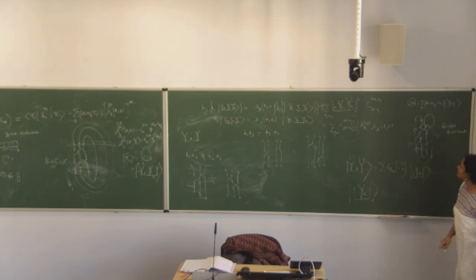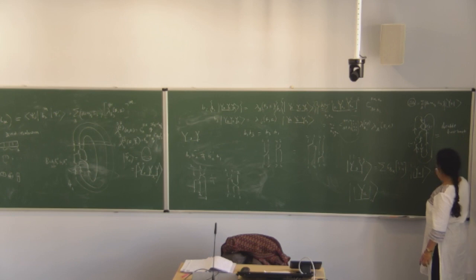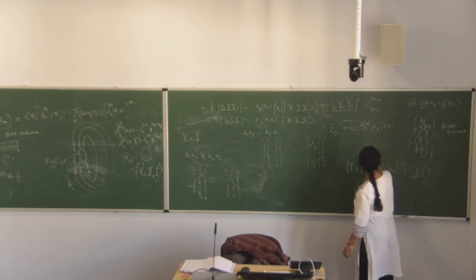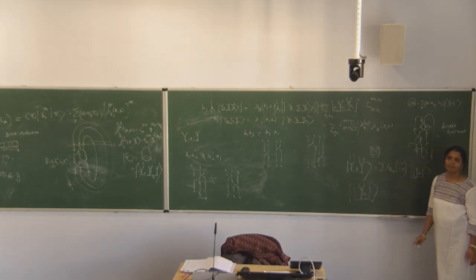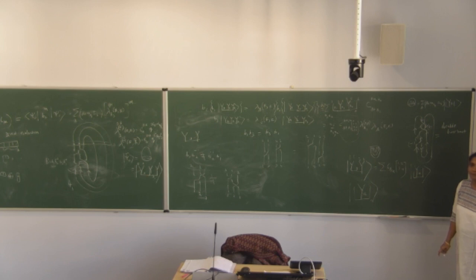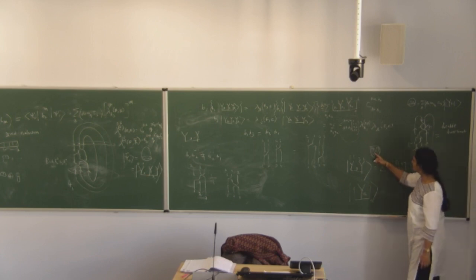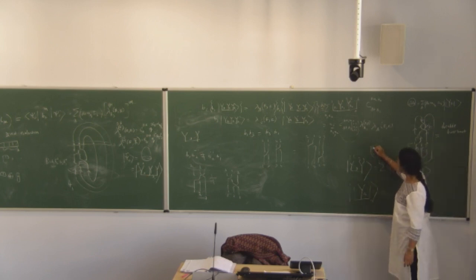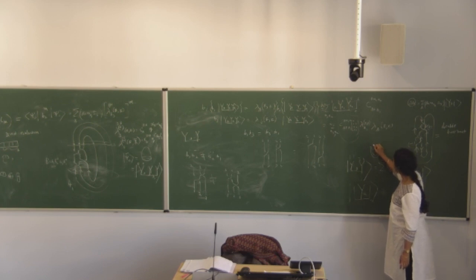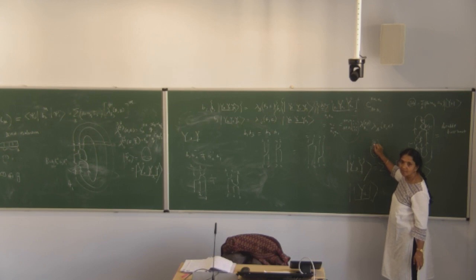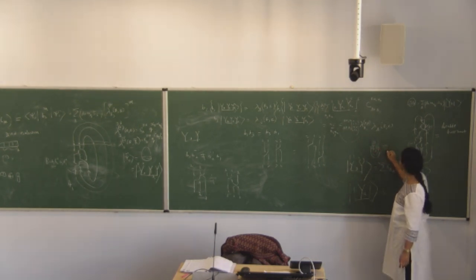We wrote this. You can work out the state for this one. I'll leave it to you to do this. The way to do it is, you have to add a braid word here, in such a way that once you add this braid word, this becomes equivalent to this one.